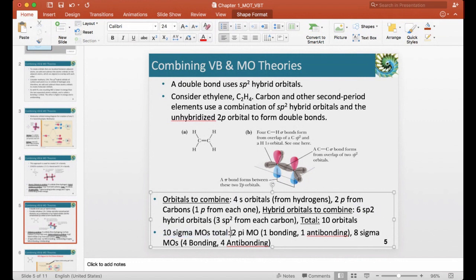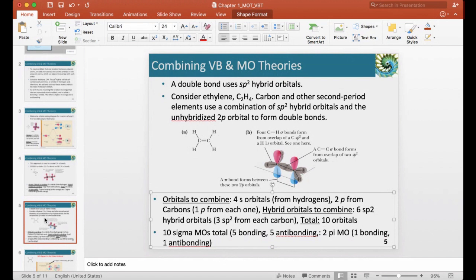From those 10 sigma molecular orbitals, 5 will be sigma bonding and 5 will be anti-bonding. In addition to that, we are now combining 2 p orbitals to create 2 pi molecular orbitals, one bonding and one anti-bonding.